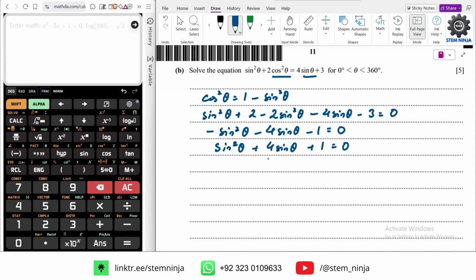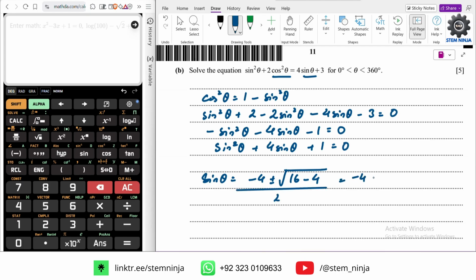So temporarily what we can do is we can treat it like any quadratic equation. So you have product 1 times x squared, 4x. Is there any factorization? No. This we need to get through the quadratic formula. So sine theta would be minus b plus minus square root of b squared minus 4ac over 2a.